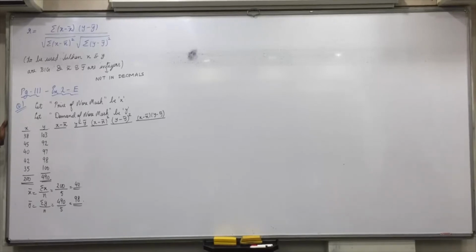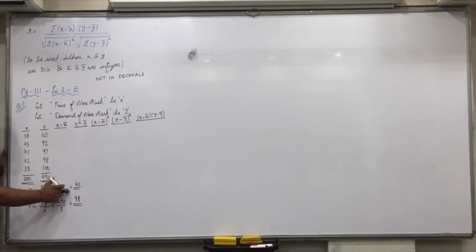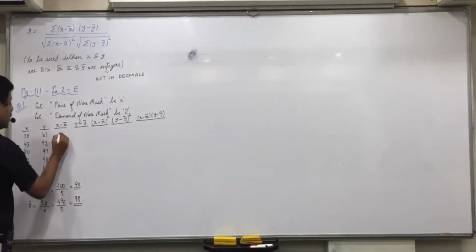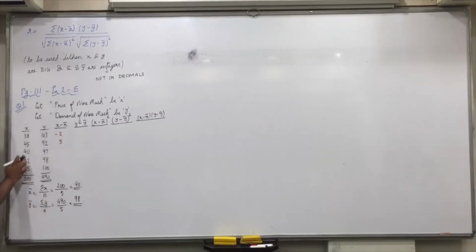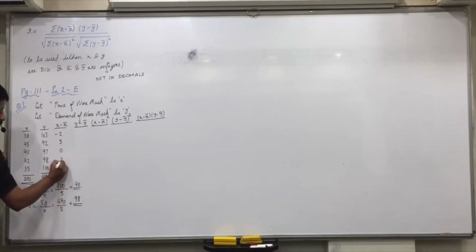Now be ready. X minus x bar. What is x bar? 40. So x minus x bar means from all the values of x, you will minus 40. Any confusion in this? Got it? So 38 minus 40 is minus 2. 45 minus 40 is 5. 40 minus 40 is 0. 42 minus 40 is 2.